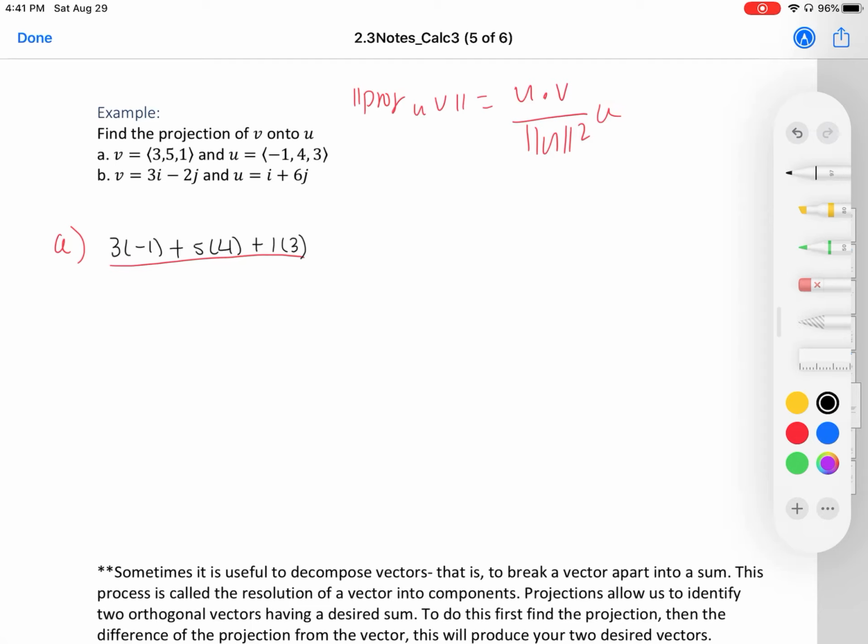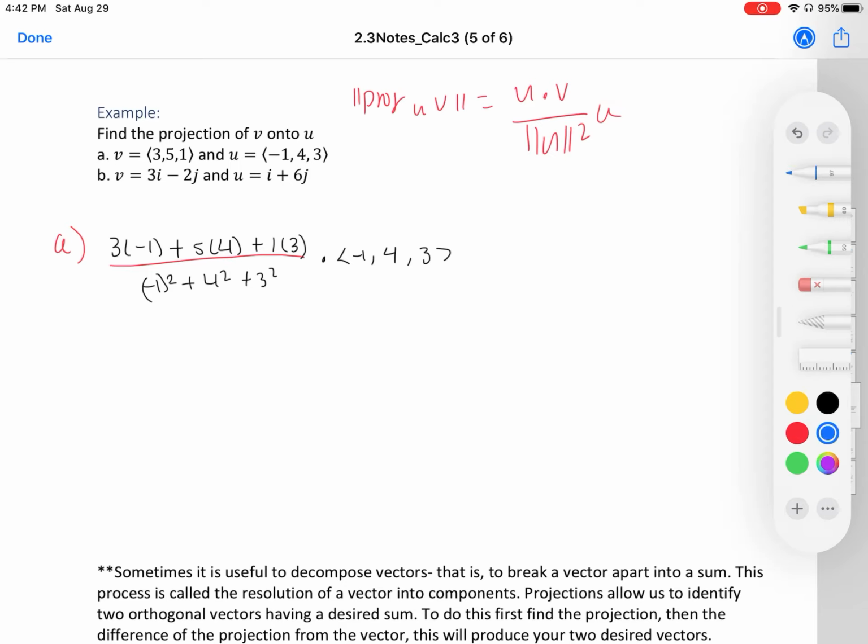The magnitude of u would be negative 1 squared plus 4 squared plus 3 squared. And that will be multiplied by the vector u, which is negative 1, 4, and 3. There we go. That's it.